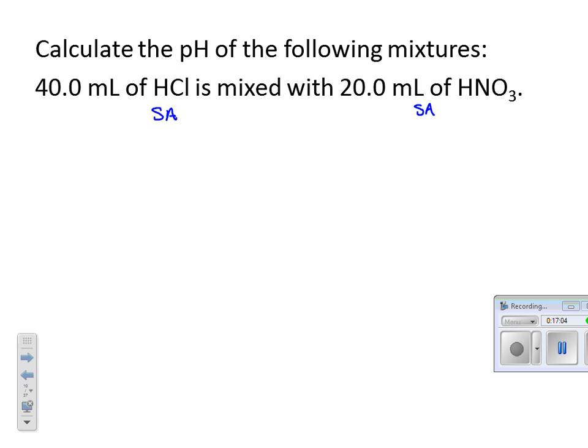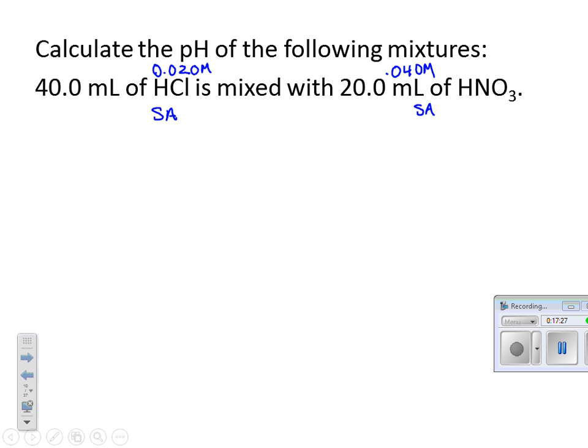The other slide said that the solution of hydrochloric acid was 0.2 molar. And the solution of nitric acid was 0.04 molar.